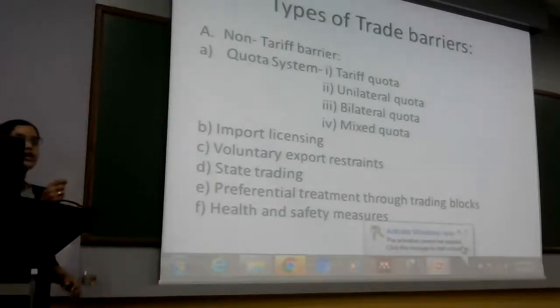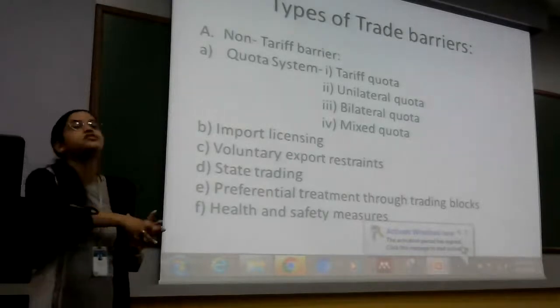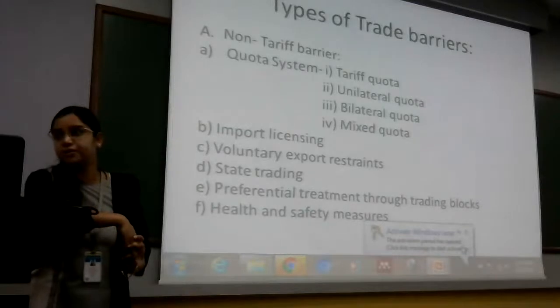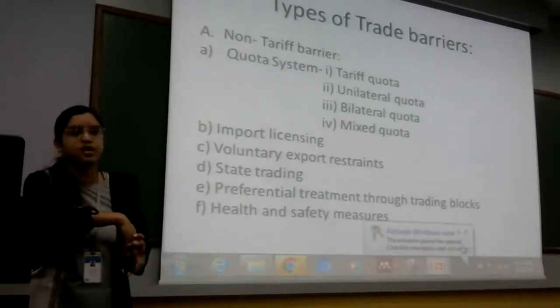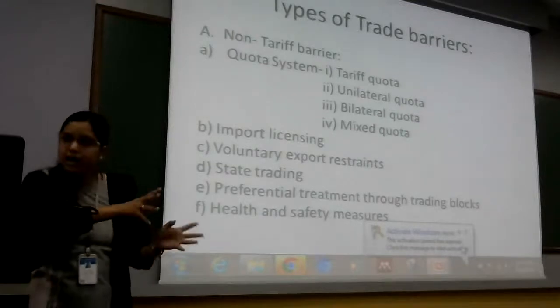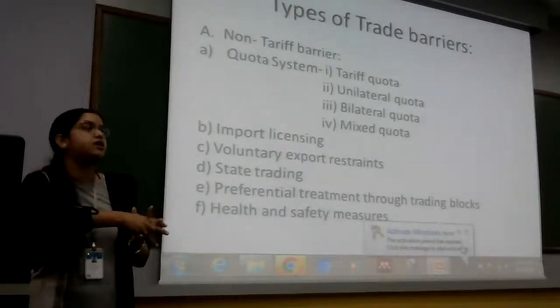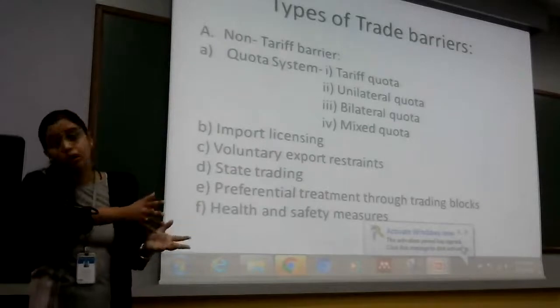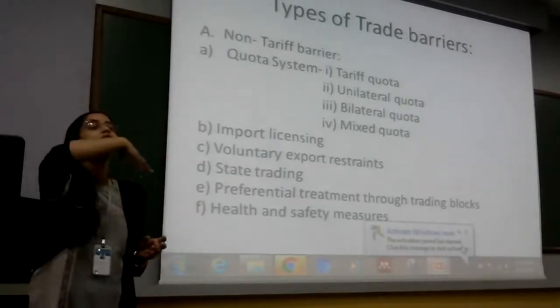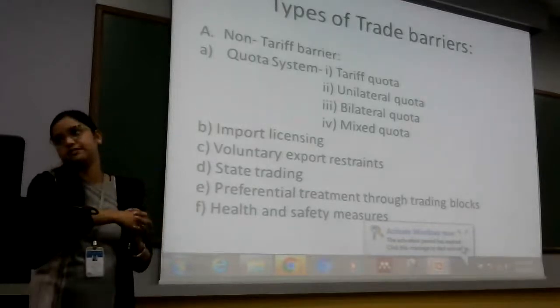Preferential treatment through trading blocks is nothing but the first point of your types of regional trade blocks, the preferential trade block, what we discussed yesterday. Many kinds of facilities, many kinds of reduction in tariff, or even tariff elimination can happen among the member nations, right?